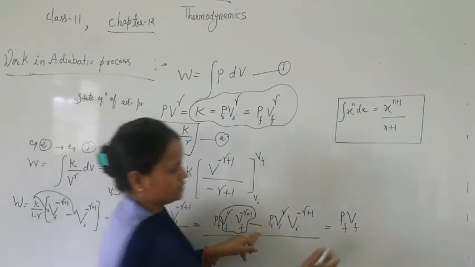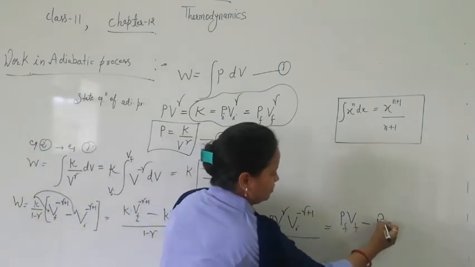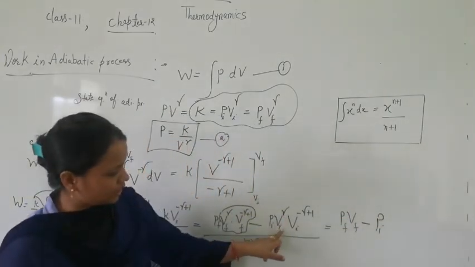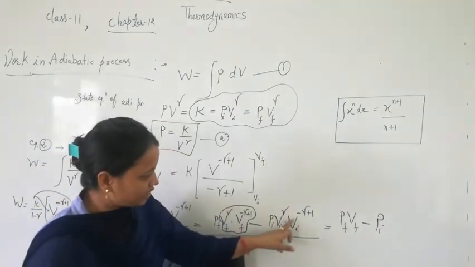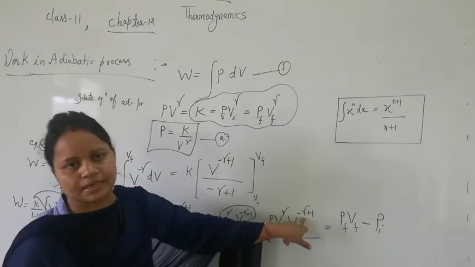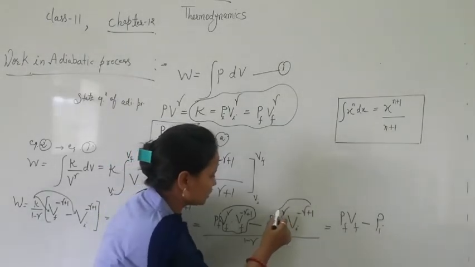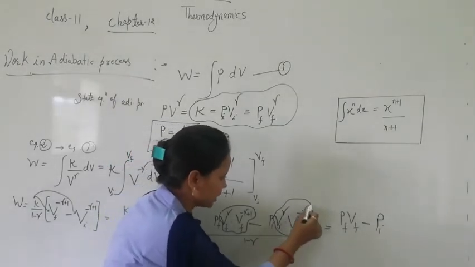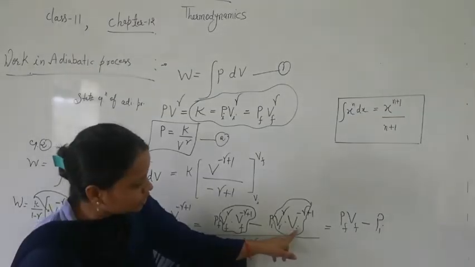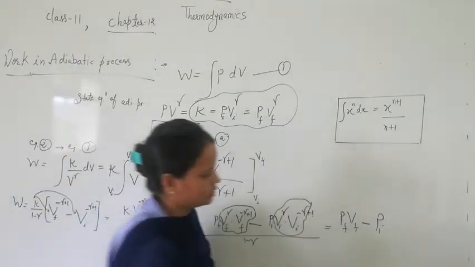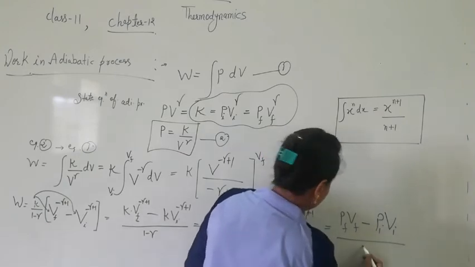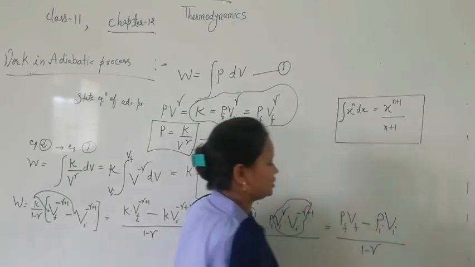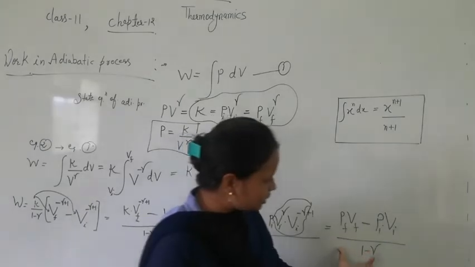Then again minus Pi Vi raised to the power gamma times Vi raised to the power minus gamma. Again these two combine and cancel, then only Vi raised to the power 1 remains. Again 1 minus gamma is the term. So this is the final answer.